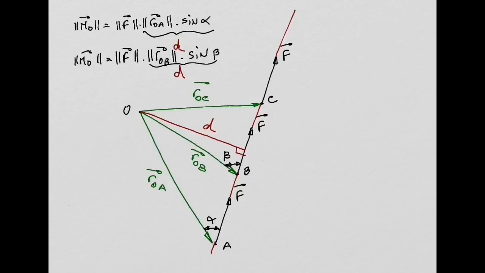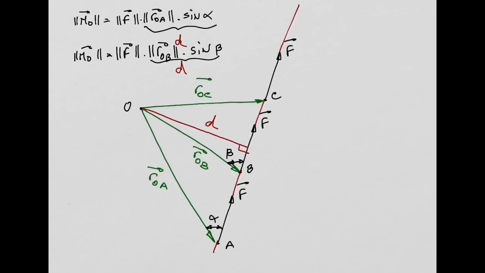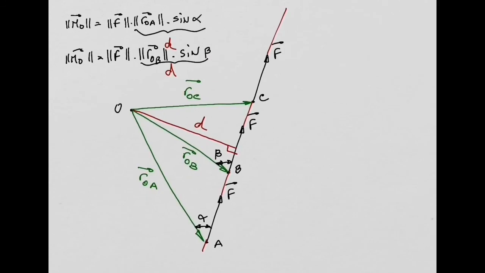If I do the same for the norm of the moment, when I look at my position vector ROC, I will get norm of F times norm of ROC, times sine of gamma, where gamma is going to be equal to this angle here, right? So ROC sine of gamma, again, is going to be equal to this distance D.